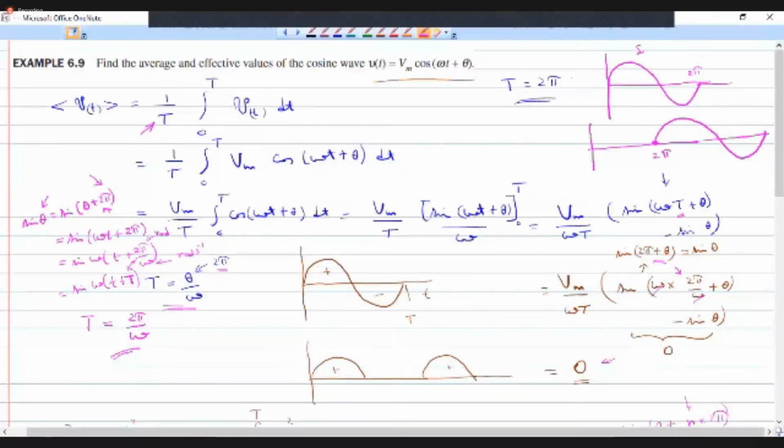So that is sine theta, and this is sine of theta plus 2 pi. This is called phase advancing, which we described in a previous slide. I add an angle 2 pi to the original function, then it is shifted by a magnitude of 2 pi, which is the same function. So what happens on the right hand side? It becomes sine theta minus sine theta, which is equal to 0.